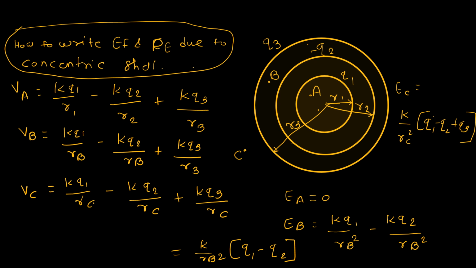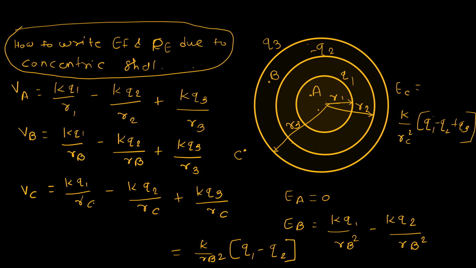For point A, because of sphere 1 having charge q1, point A lies inside sphere 1, so we know the formula kq1 upon r1. From the center up to the surface of sphere 1, the potential remains constant at kq1 upon r1.